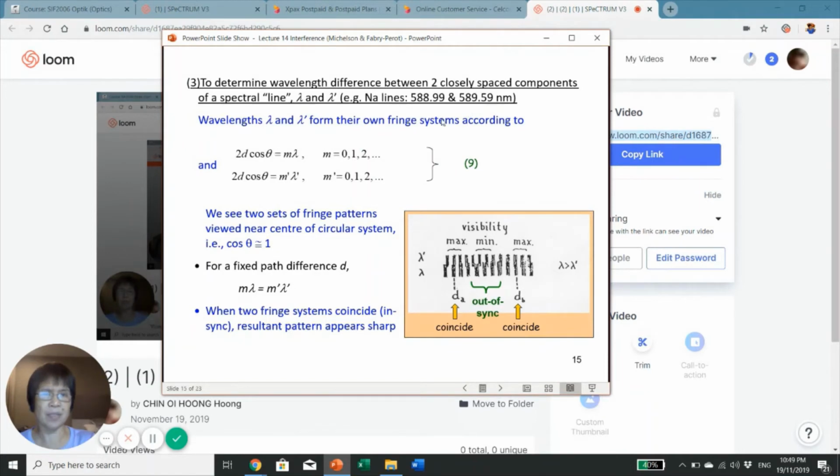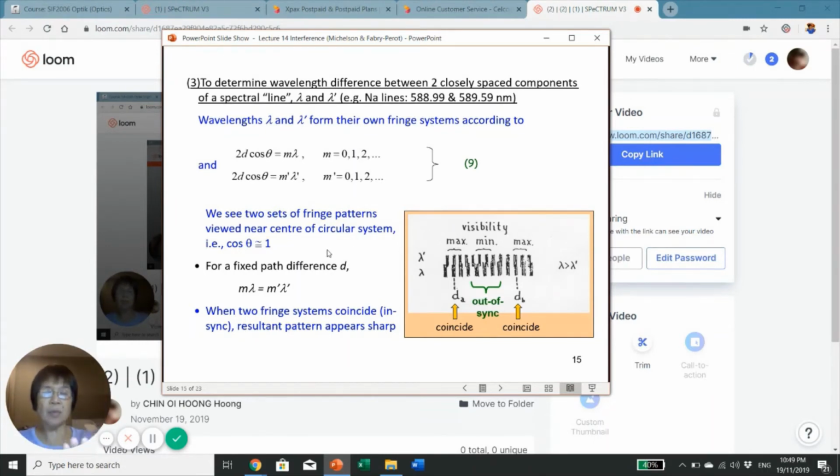So we take one wavelength, and there would be a set of interference pattern that corresponds to wavelength 1. There would be another set that corresponds to wavelength 2. These two sets would overlay over each other.